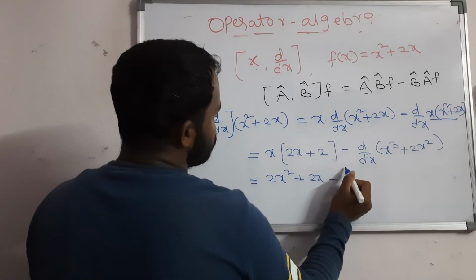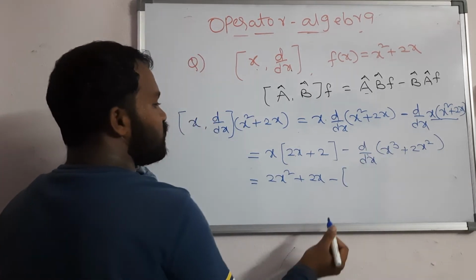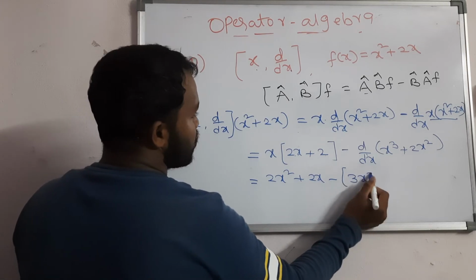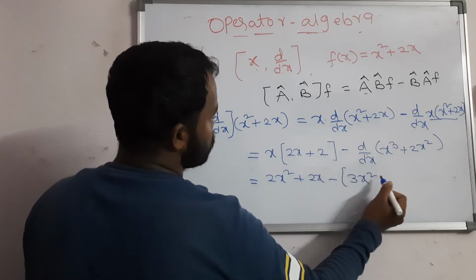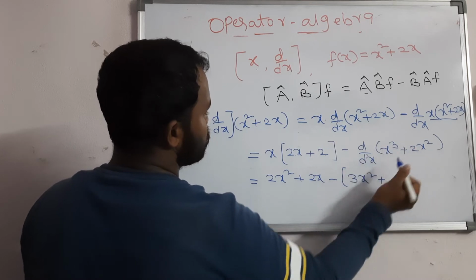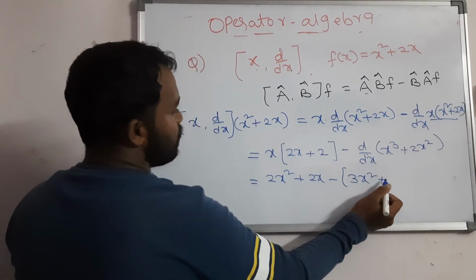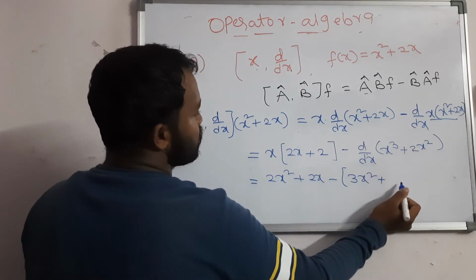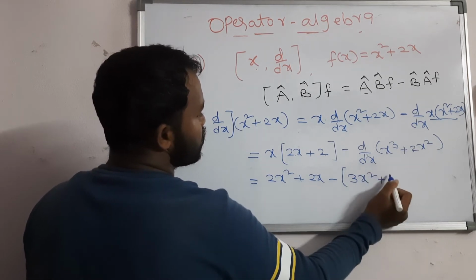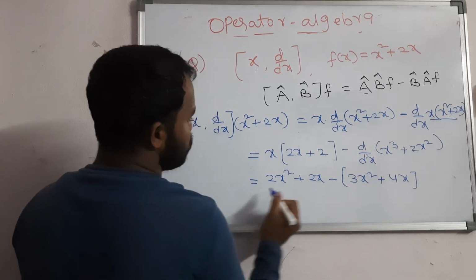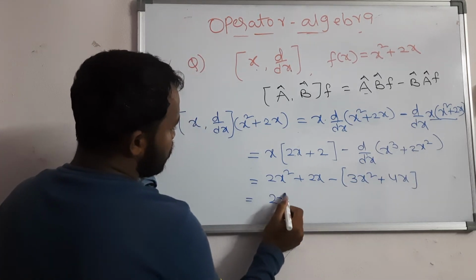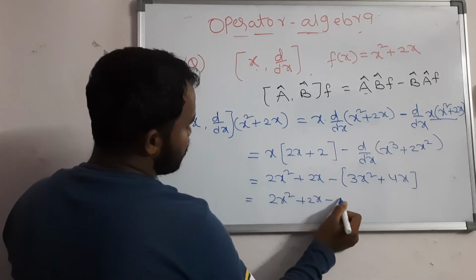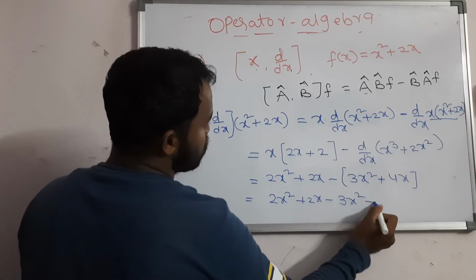Now d/dx of x cube is 3x², so here minus 3x², and wherever plus is there you should write plus inside. 2 into the derivative of x², which is 2x, gives 4x. So 2x² plus 2x minus 3x² minus 2x you got.